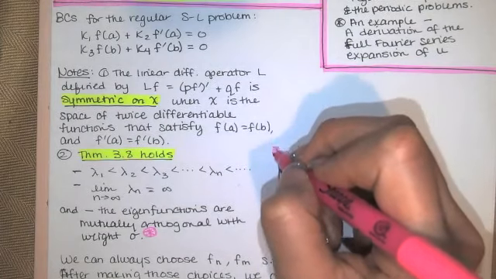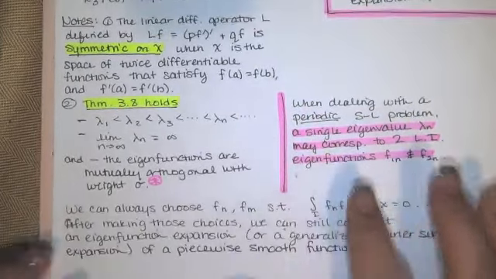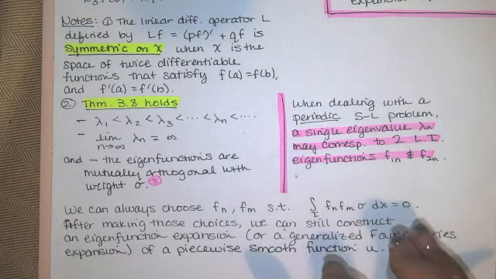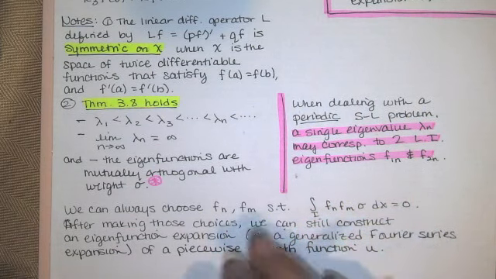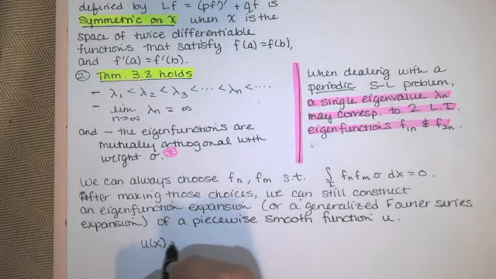So things are a little different here, but even though that's true, we'll still be able to choose two eigenfunctions that are orthogonal with the appropriate weight. Given that choice, we can still construct our eigenfunction expansion of a function u. Remember, the eigenfunction expansion of u looks like this.